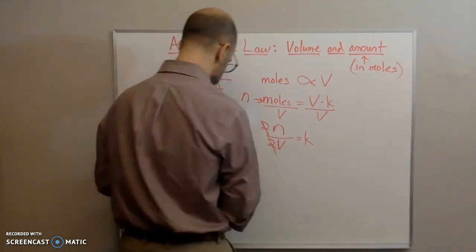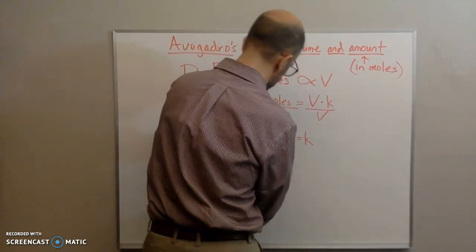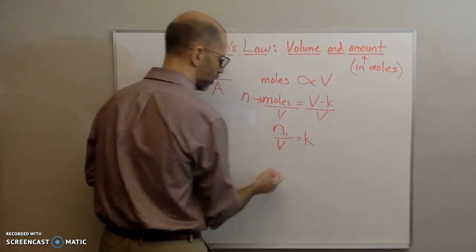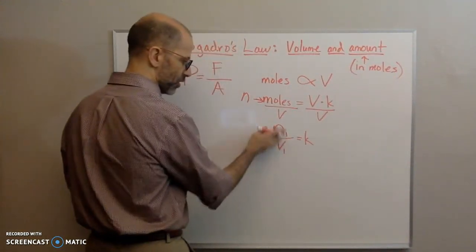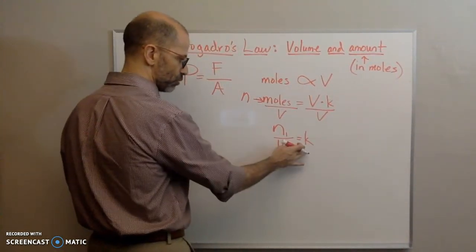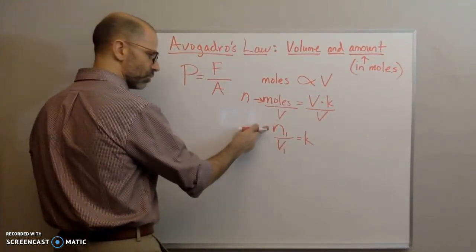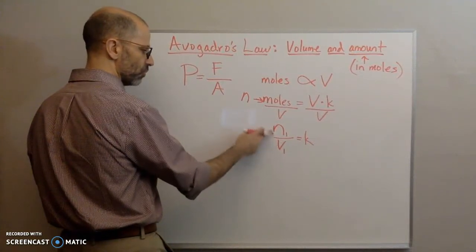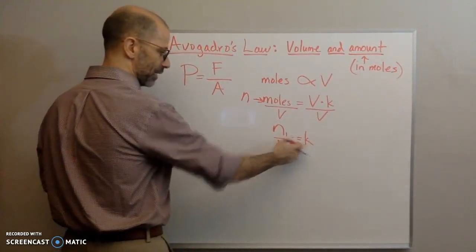So if I start with a certain number of moles, let's call that N1, and a certain volume, V1, and the ratio of those two equals the constant K, then if I change the number of moles or the volume, the other factor has to change to keep K the same.